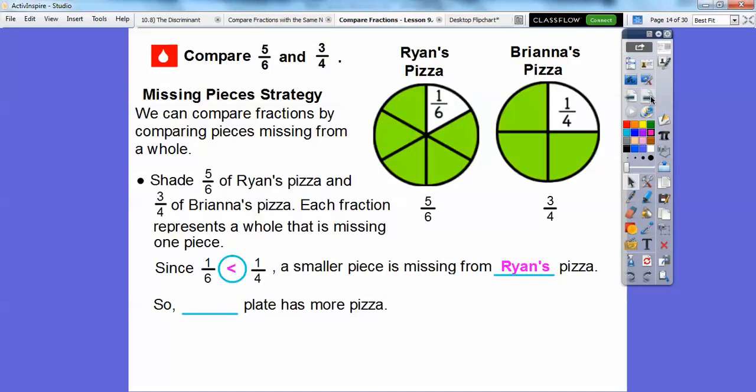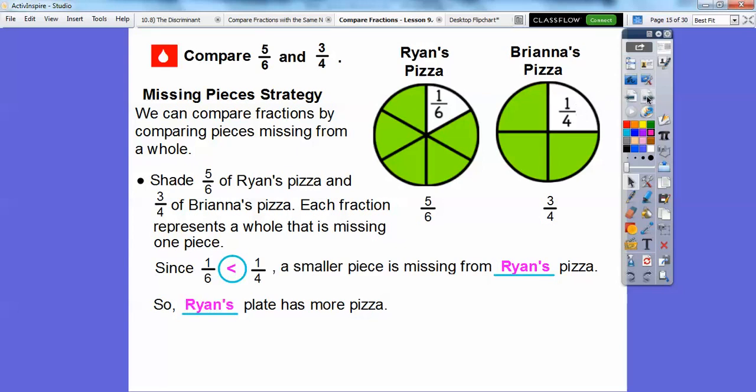So if the smaller piece is missing from Ryan's pizza, then he's going to have more of his pizza left, because Brianna has a bigger amount missing on hers. He has a smaller amount missing. So whose plate has more pizza left? Well, Ryan's plate has more pizza left.